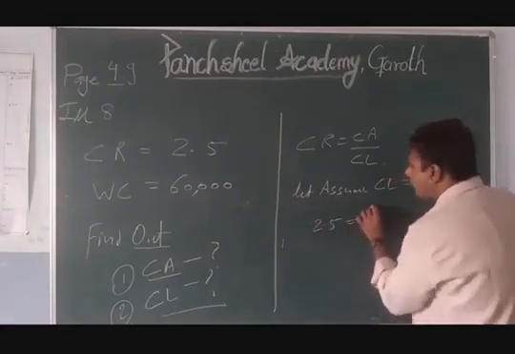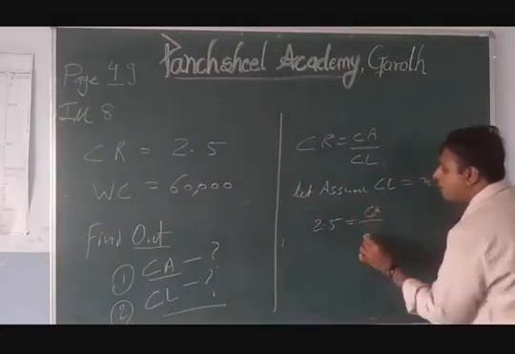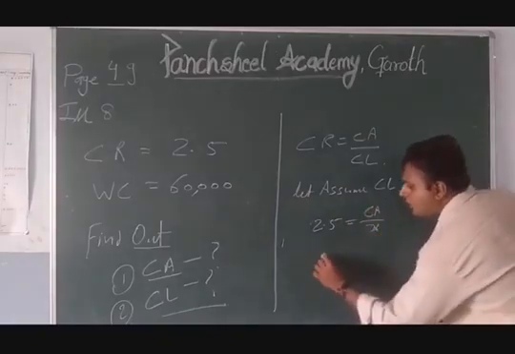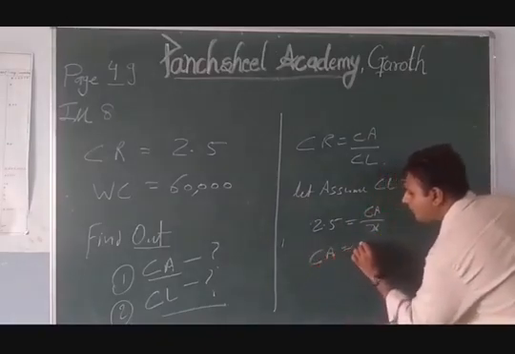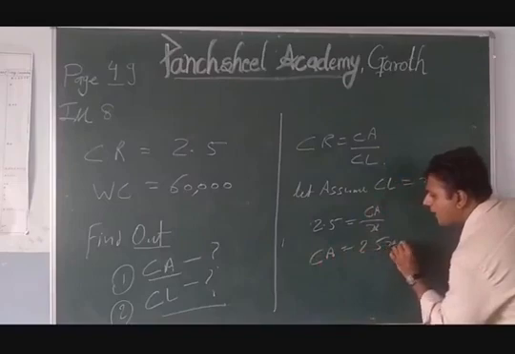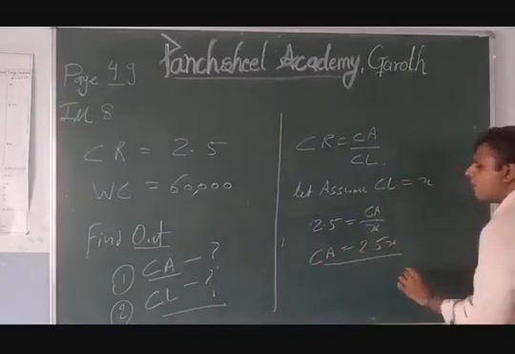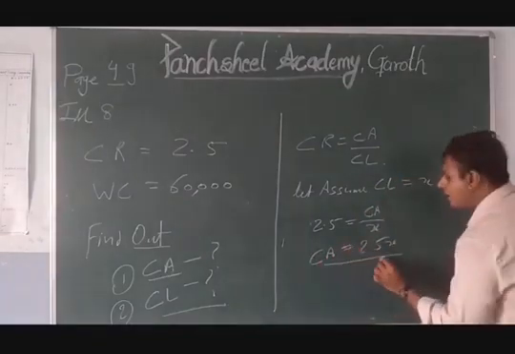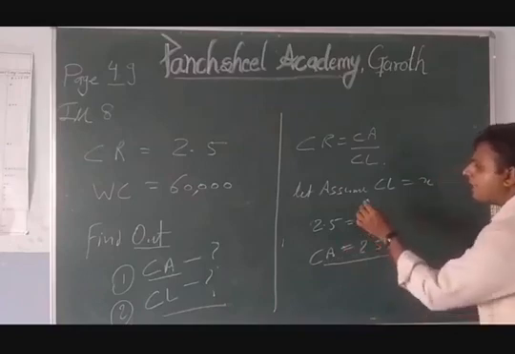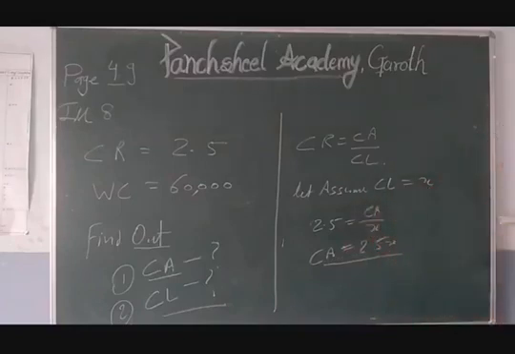Current asset is current asset and we are assuming current liability X. So now the current asset will come 2.5x. So here we have both things, current asset 2.5x and current liability x.